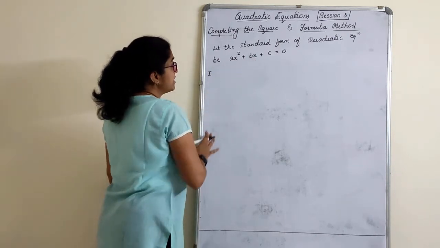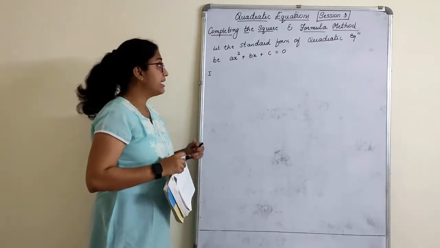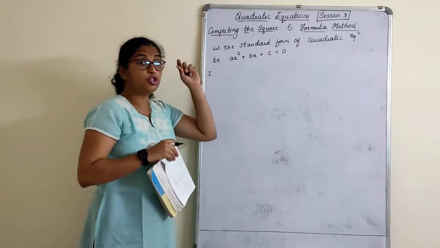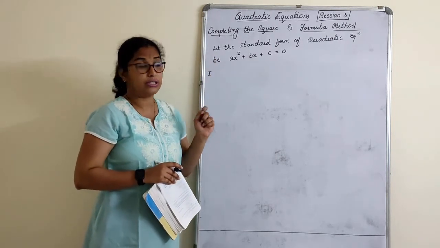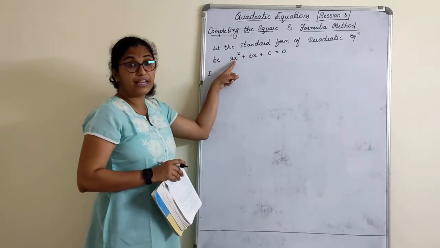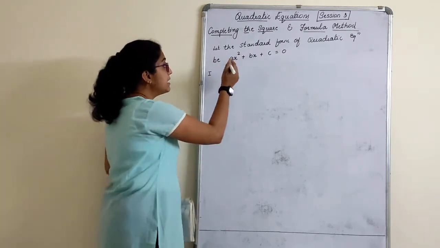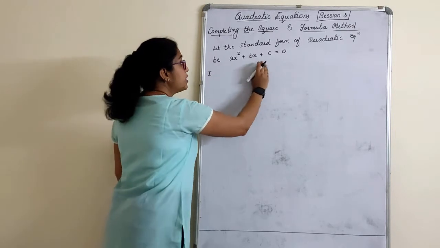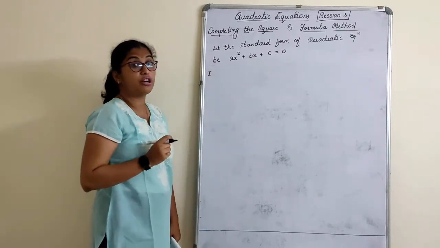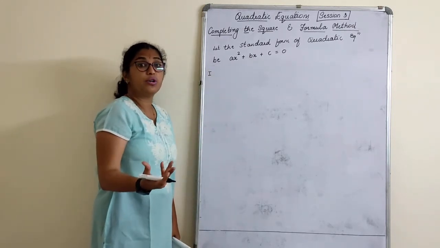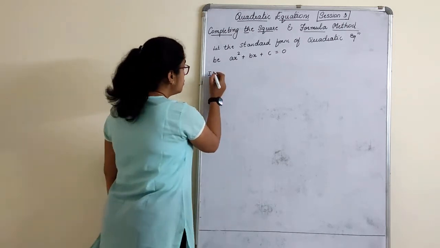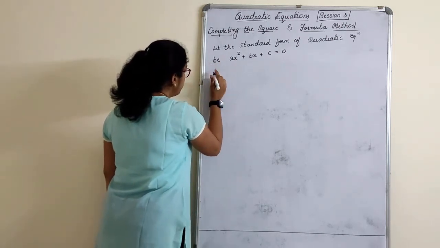Once we get the standard form, we have to see that the x square term has no coefficient. What is the coefficient of x square here? The coefficient is a. So the first step is to divide the whole equation by the coefficient of x square. If there is no coefficient, leave it as it is.